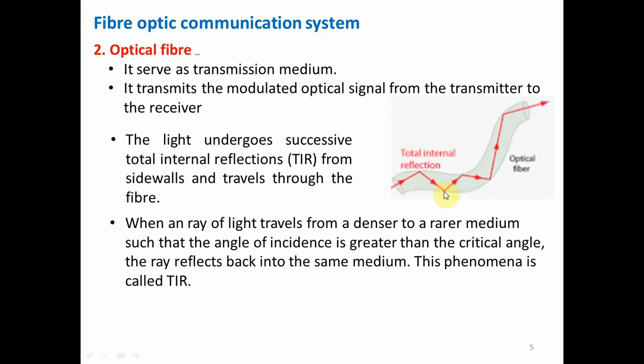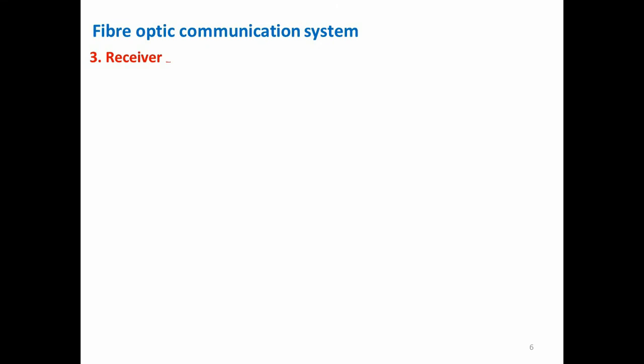Here also, the angle of incidence is greater than critical angle, then it is totally internally reflected. And in this manner, this ray undergoes multiple total internal reflections at the side walls, and they are propagated through the fiber without attenuation. This is the basic principle of propagation of light through an optical fiber.